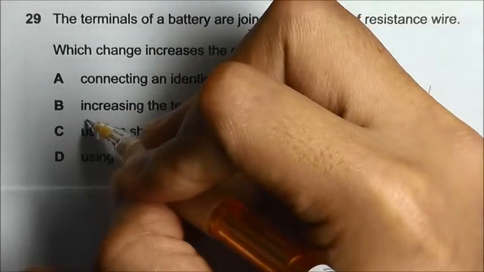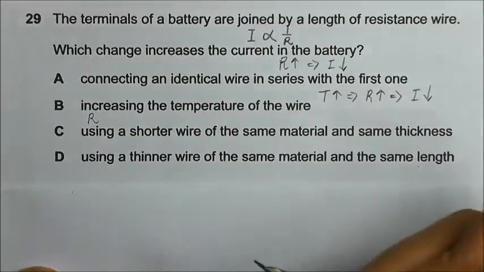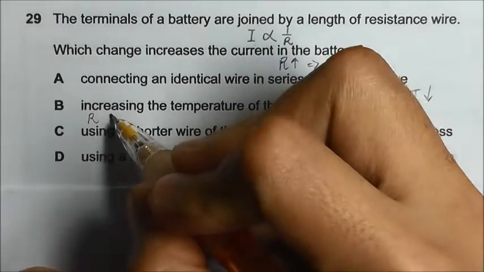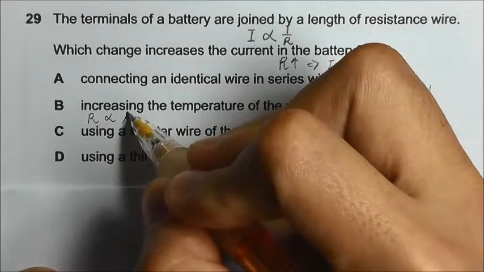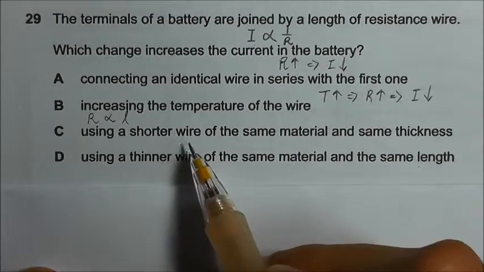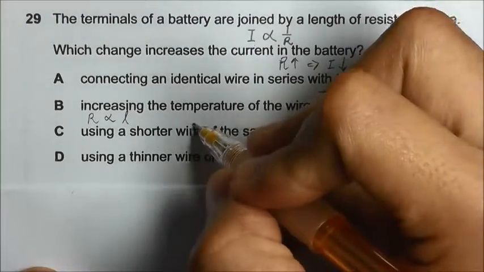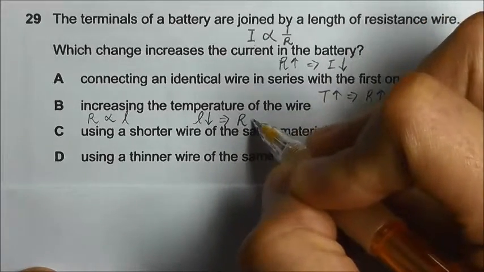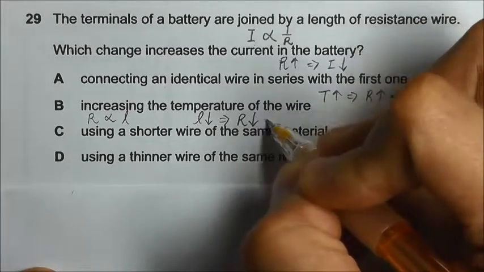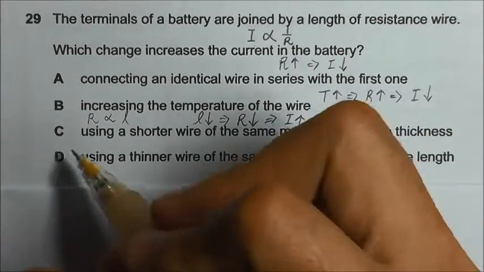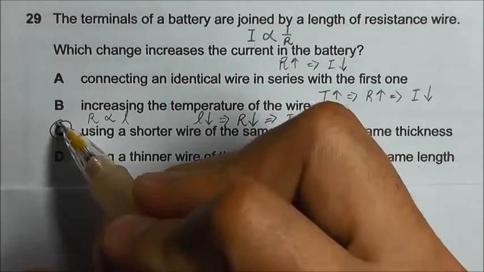We know that the resistance of a wire is directly proportional to its length. So if you use a shorter wire, that means the length decreases. It will cause the resistance to decrease. This will cause an increase in the current. That's why C is the correct answer.